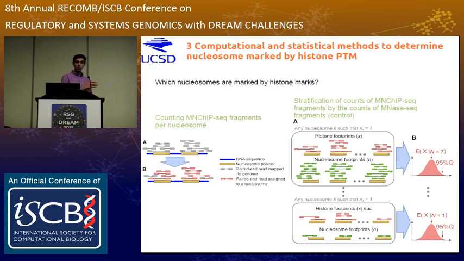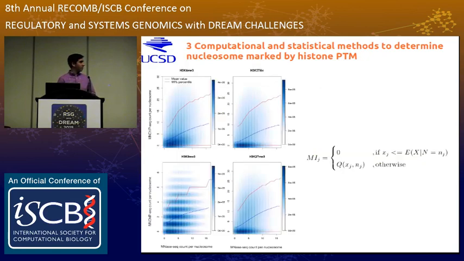To address this problem, we stratify all the nucleosomes according to the number of MNase-seq reads that they have. So for example, here we took all the nucleosomes that contain 7 MNase-seq reads, and then we compute the expected value of the histone footprints, as well as the 95% quantile. Why? I'm going to explain in a second.